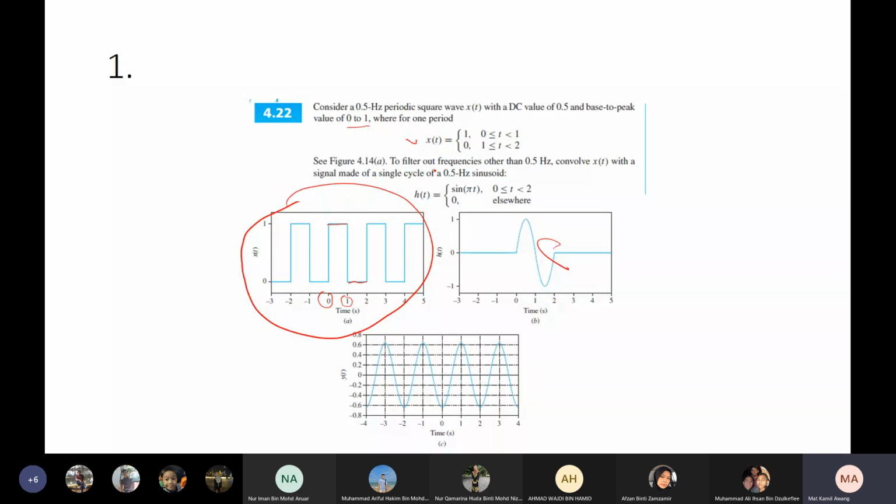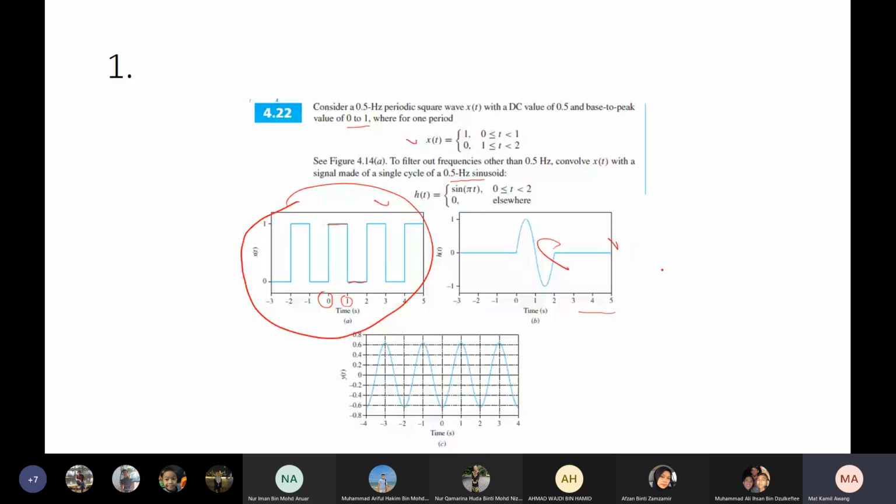To filter out frequencies other than 0.5 Hertz, convolve x of t with a signal made of a single cycle of a 0.5 Hertz sinusoid. So basically this is the one. You have to convolve between this signal and this signal.